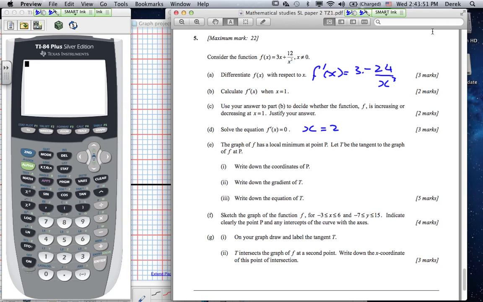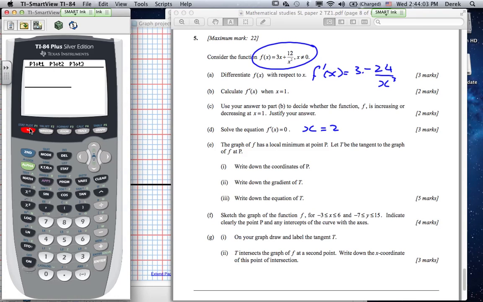Now, what's often a good idea whenever you're doing something like this is to firstly plot this on your graphics calculator, and this is what I'm going to do now. I'll clear my last graph, and I'm going to put this in: 3x plus 12 divided by x squared.